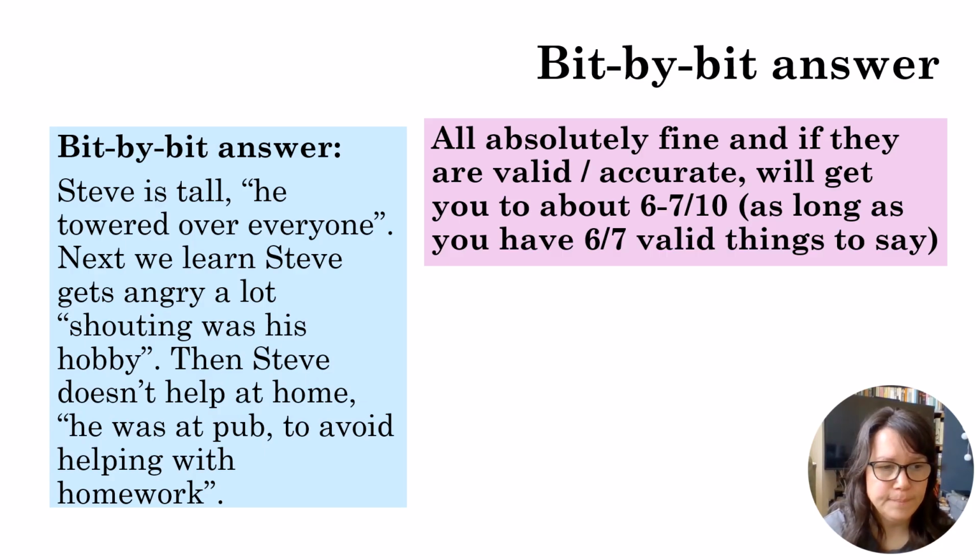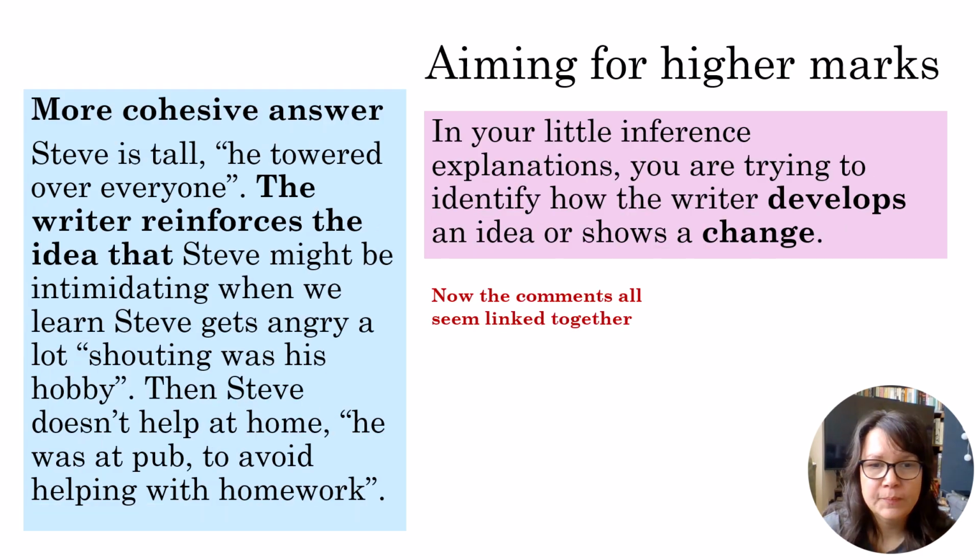If, however, you are aiming for higher marks, then you're going to want a more cohesive answer. So in your little inference explanations, you are trying to identify how the writer develops an idea or shows a particular change. So remember, we're imagining that this question is about Steve's character, like what impressions do you get about Steve's character, or whatever that is.